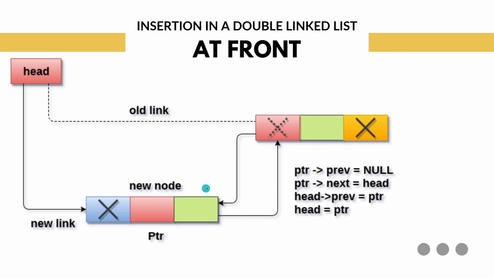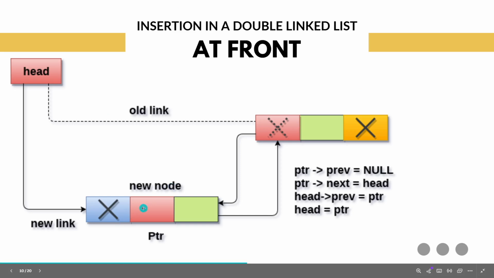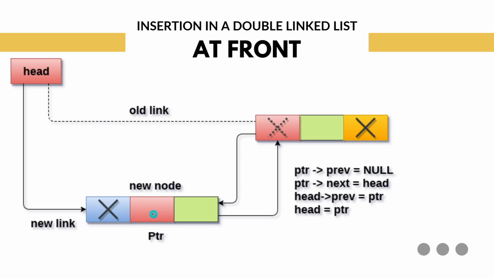So, in general, for any insertion, first of all we have to allocate memory for the node. We will be making a call to malloc and reserve memory for the new node. And initially we will be placing the data in the data portion of the node, which is shown in red here. And to be on the safer side, we always make initial assignments to previous as well as next as null, right. So, now we are going to insert it at the first position.